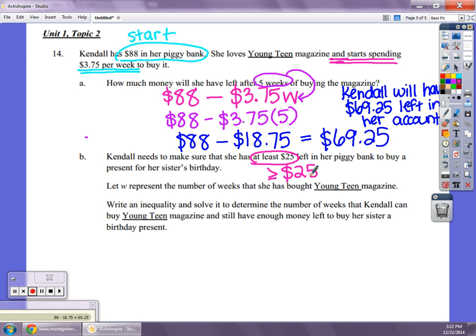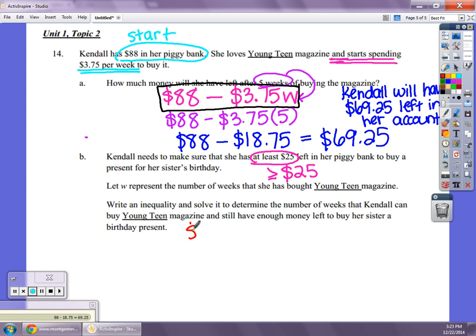All right. We already have a great expression that we came up with in question A. So let's use that expression and just finish off our inequality with that greater than or equal to 25. So I'm going to rewrite that.